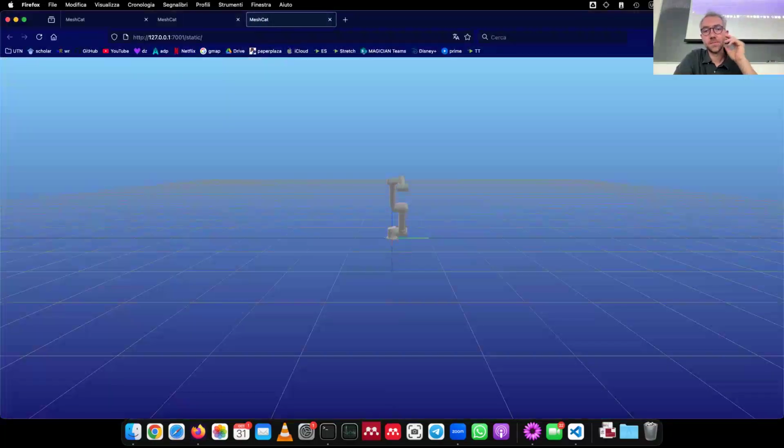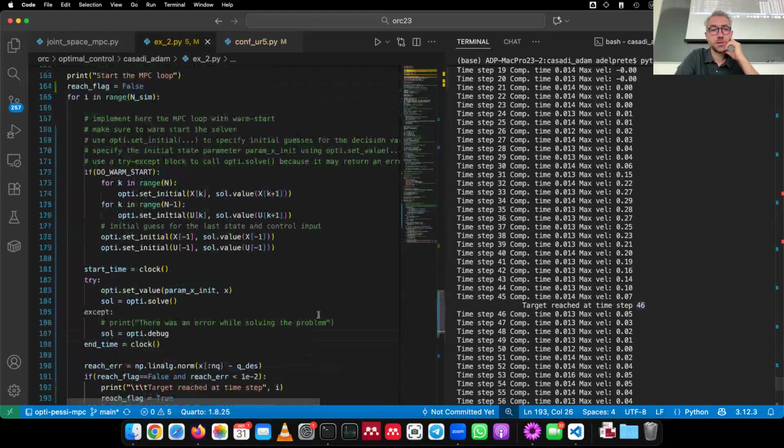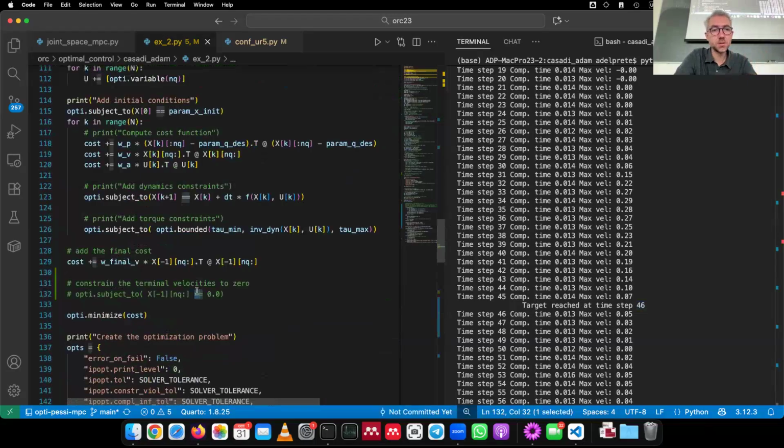That's it. So this is with the terminal cost. We reach the target at time step 46. Now we try with the terminal constraint.